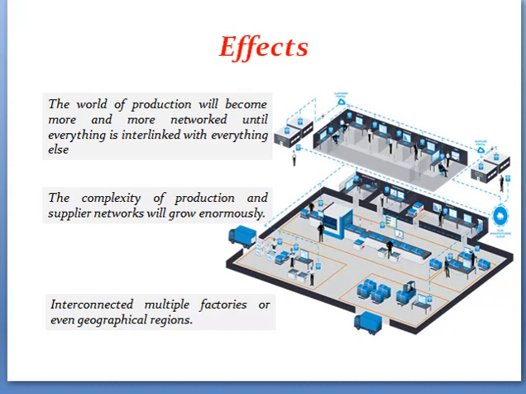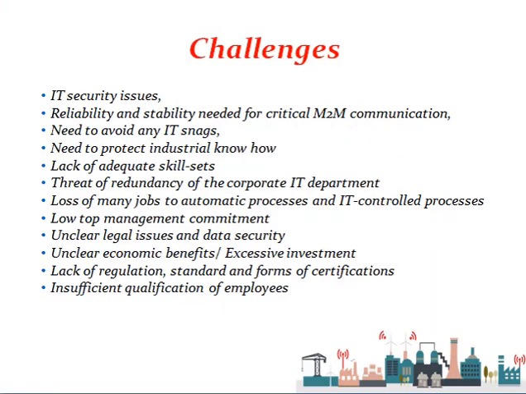If you have a supporting technology along with you, then you can overcome whatever drawbacks you have. So we can interconnect multiple factories, or even geographical regions, where we can see the effect of this new technology.